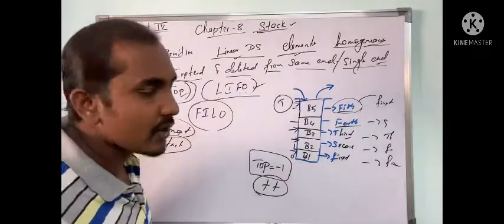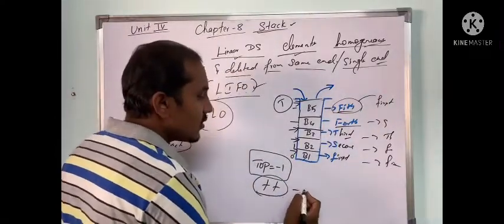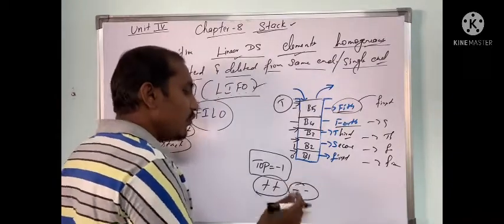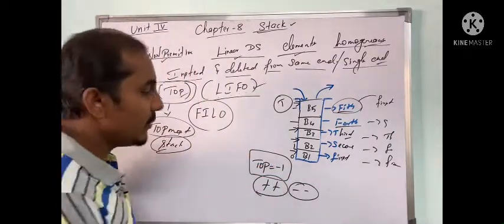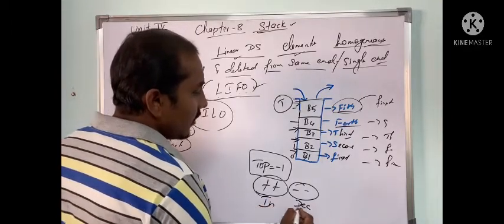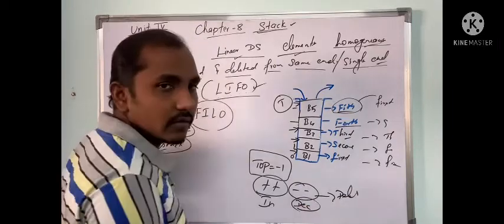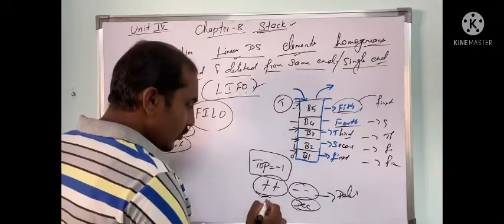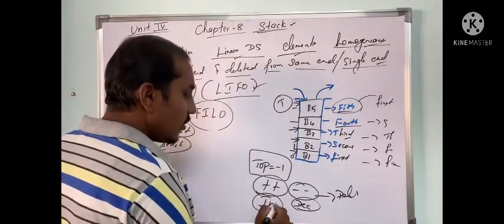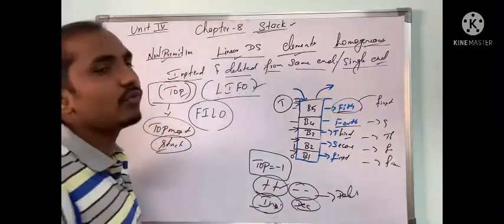Now the same thing, when I remove a book from the stack, the top value will be decremented. When you delete, we are going to decrement the value of top. When you insert a new element, we are going to increment the value of top.